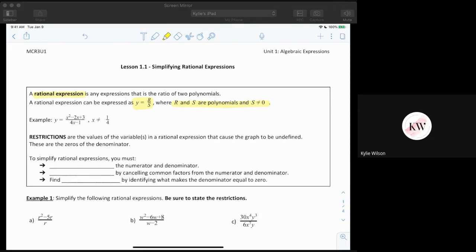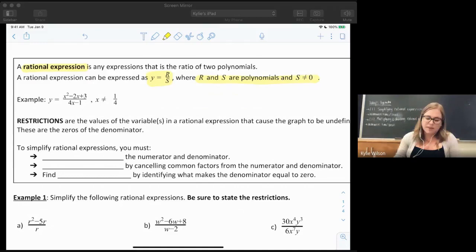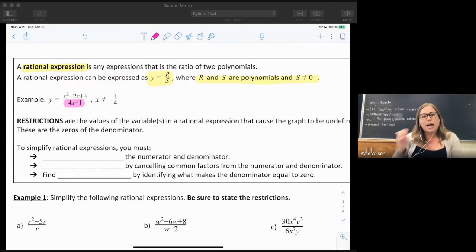So here's a quick example. We have x squared minus 2x plus 3 all over 4x minus 1. Now this part here cannot equal 0. We can't have the denominator being 0. So how we find the numbers that x cannot be is we find out what would make the denominator equal to 0.